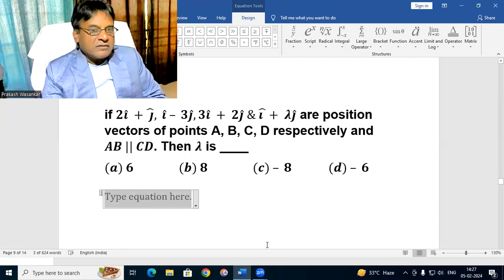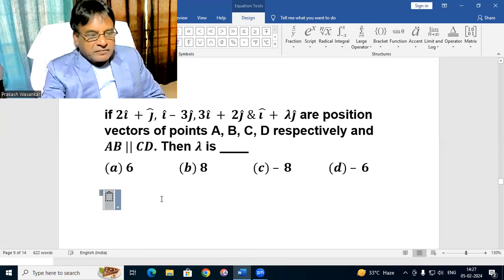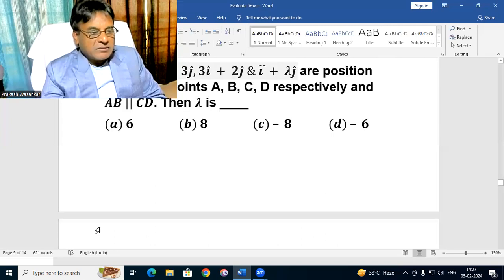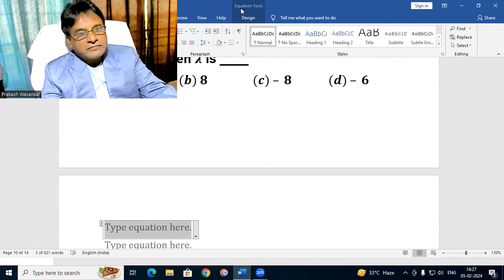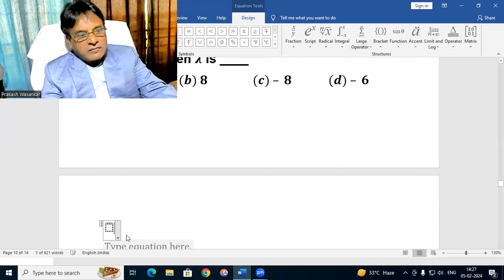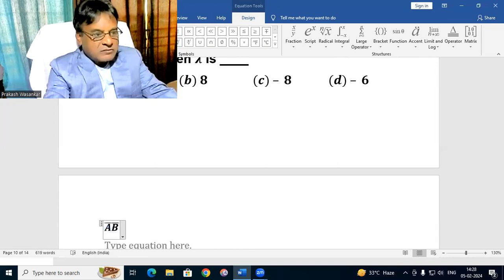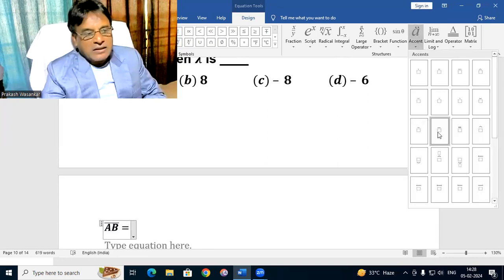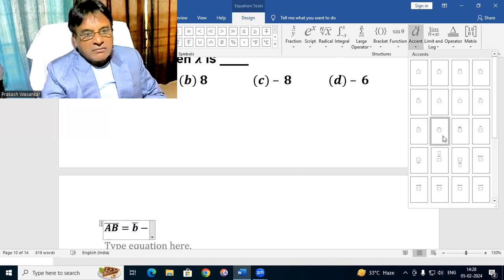We write vector AB in terms of its position vectors, that is, vector B bar minus A bar. So first we write B bar minus A bar.